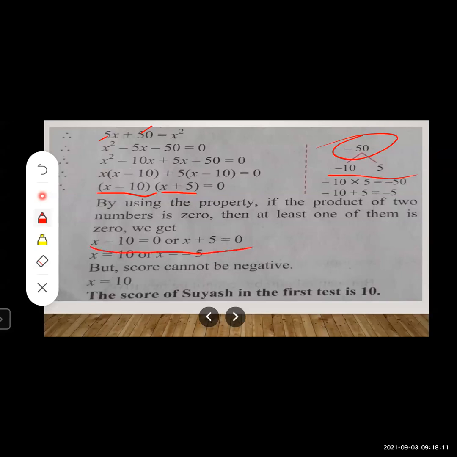Further simplification: when minus 10 shifts to the other side, you will get x is equal to 10. And when you shift plus 5 to the other side, you will get x is equal to minus 5, right? But what are we finding out? We are finding out the score in the test. Score cannot be negative, so this minus 5 is an unacceptable, invalid value.